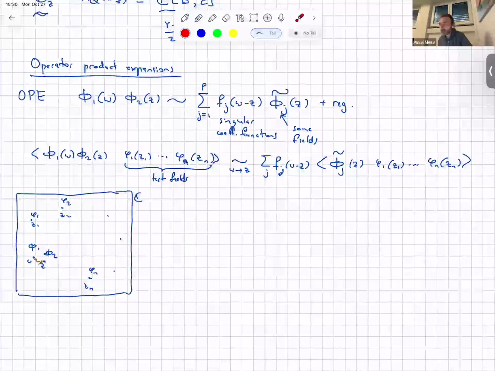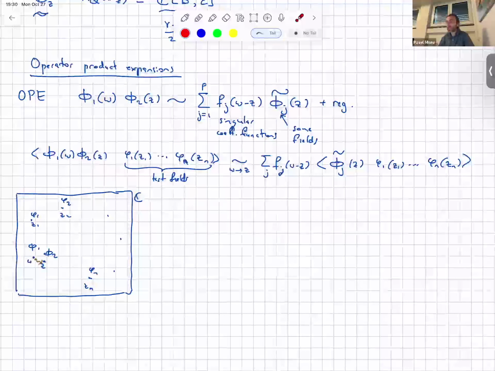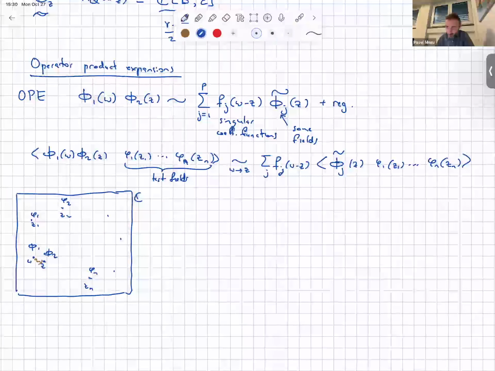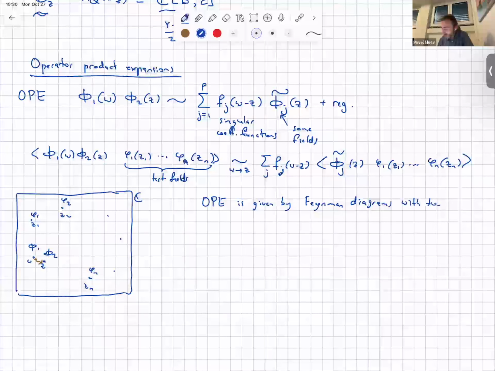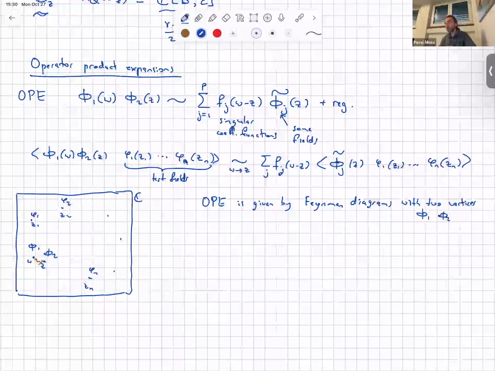And you can do it in the theory that we are discussing. So it turns out that since we can write down correlators explicitly in terms of Feynman diagrams, you can also extract from it a recipe how to write down OPEs. So an OPE, an operator product expansion, is given ultimately by Feynman diagrams with 2 vertices where phi1 and phi2 are plugged in, and also graphs with 2 vertices and with leaves or loose half edges.